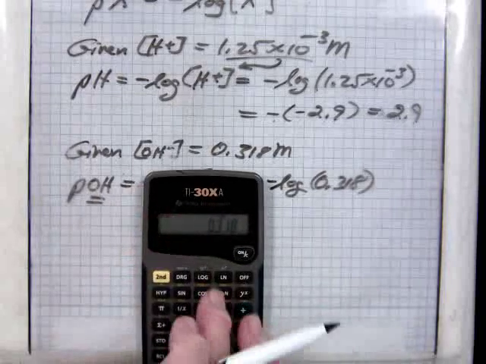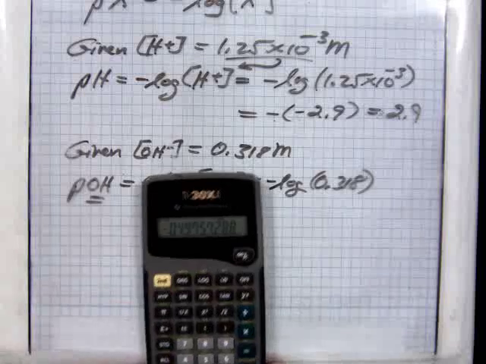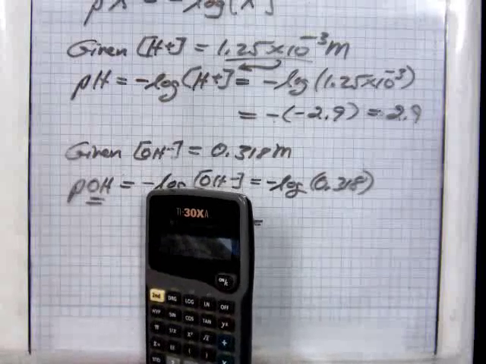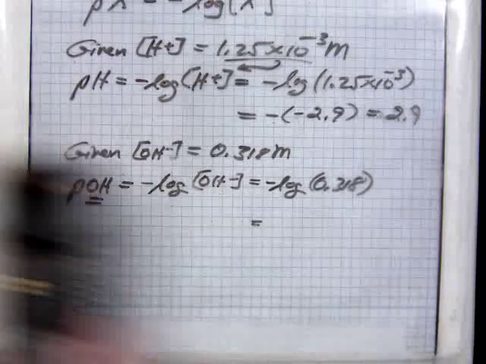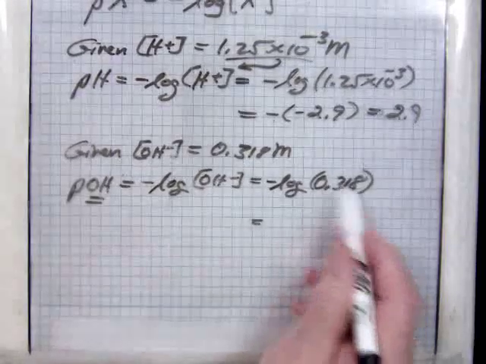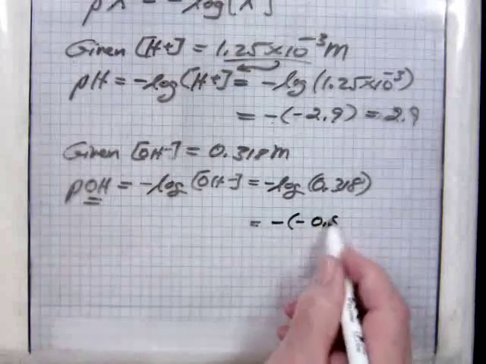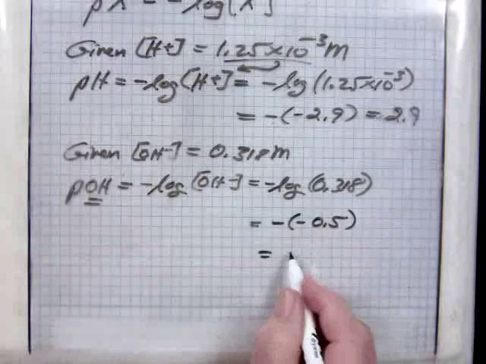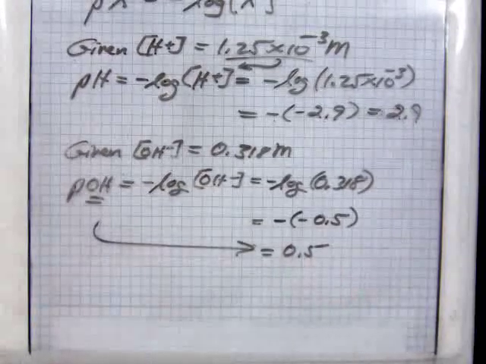All I'm doing is going to come up here and hit the log button, like that. And then that gives me a minus 0.5. We'll round it to 0.5. So what goes in the parentheses in here is a minus 0.5, and so that 0.5 is your pOH number.